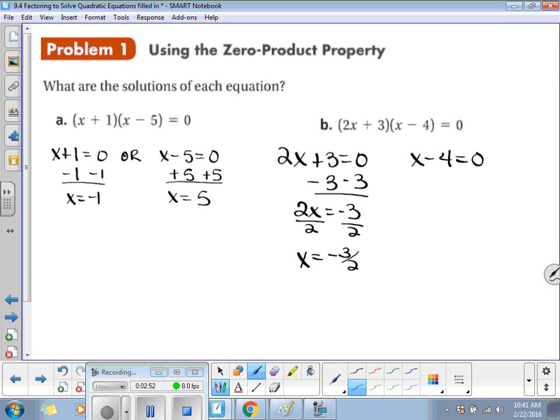That's one solution. The other one, you add 4, and x is equal to 4. Again, those are the two solutions that make the equation true. Simple.